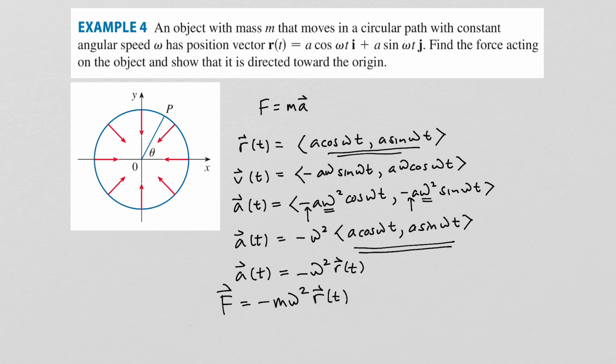So if you have your point on the curve here, your position vector is this vector right here. What we can see is that the force vector is pointing in the opposite direction of that position vector. So we can see that our force vector is pointing inward toward the origin.